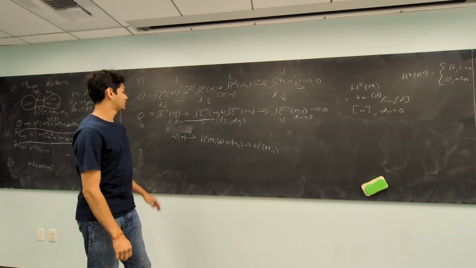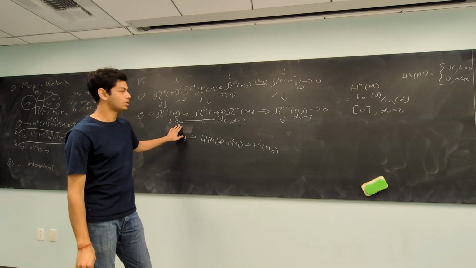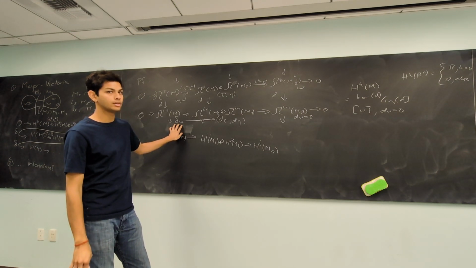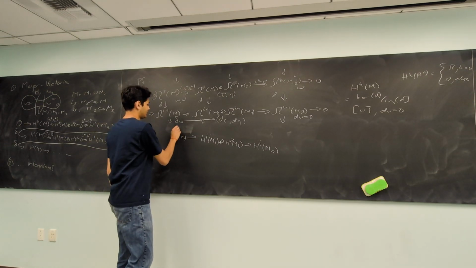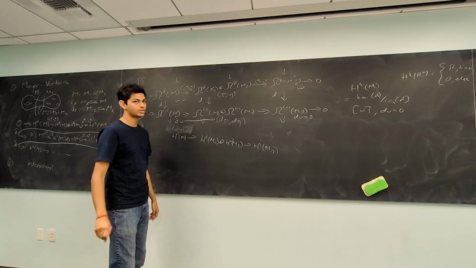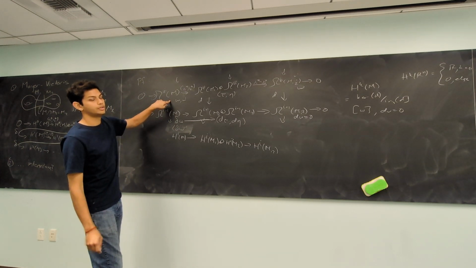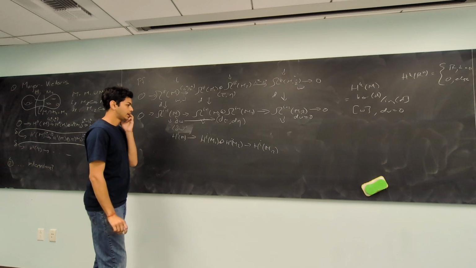You can check that the cohomology class resulting from this is independent of all of those choices, which doesn't necessarily mean that you get the same exact differential form here. That means that if you make some other choices and you get some other differential form, then the difference of these two will come from up here. So you can check through some of those cases and make sure that that works.